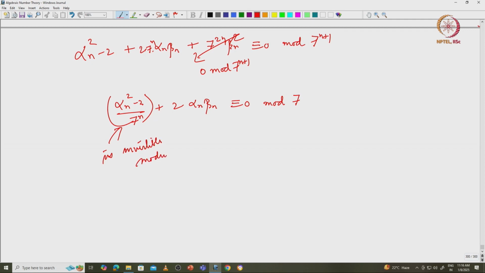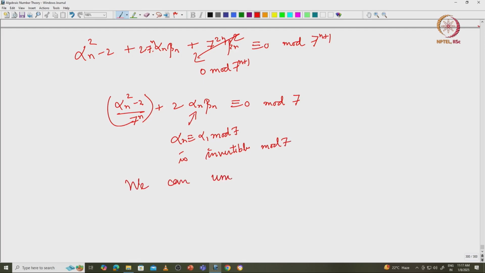I do not care about whether this thing is invertible or not. All I care about is that alpha n is congruent to alpha 1 mod 7, so it is invertible mod 7, and so we can uniquely find beta n.